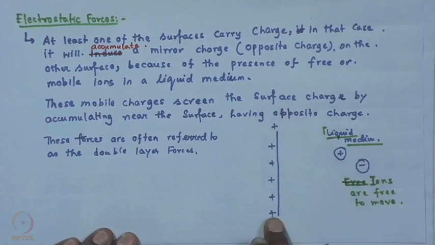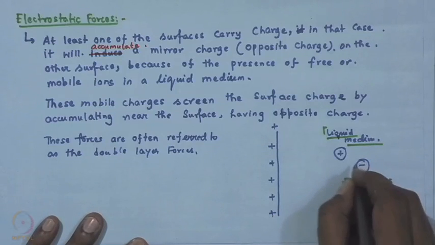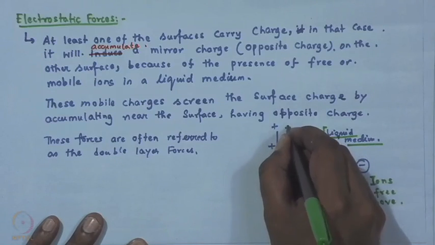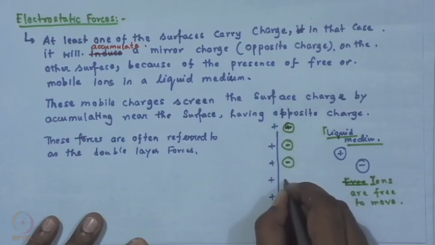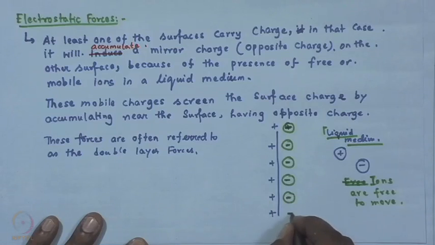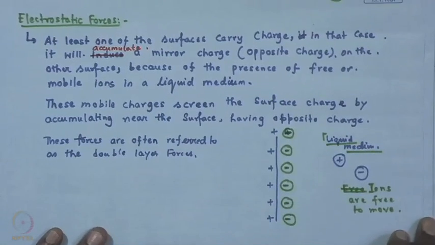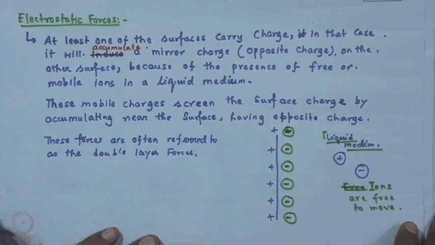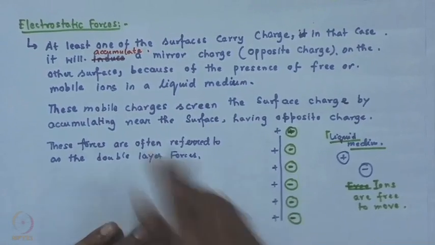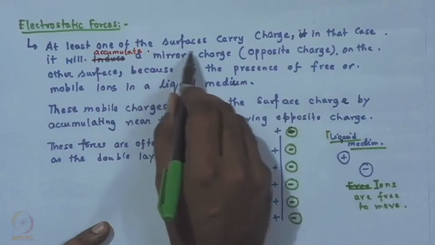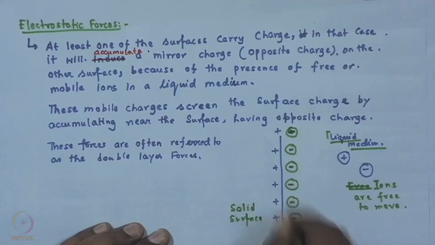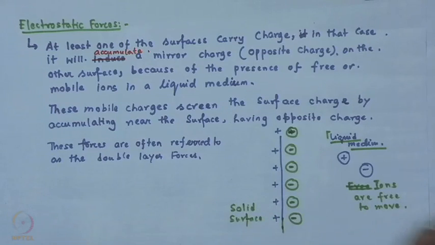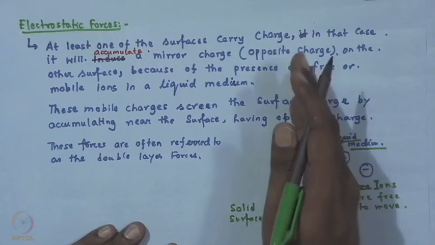The surface has positive charge, so the negatively charged ions will migrate close to the surface and form a layer close to the surface. If you now see the individual words, it makes sense. At least one of the surfaces carries a charge. Here is a solid surface which carries a charge, and that will accumulate or attract the mirror charges, that is the negative charges.